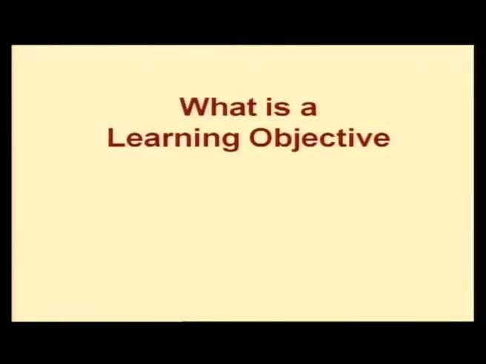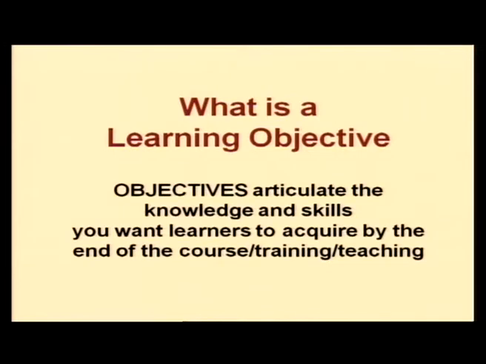Now, what is a learning objective? You will say definition, or again a statement of a learning objective. Objectives articulate the knowledge and skills. Two things, knowledge as well as skills, you want your learners to acquire by the end of the course.